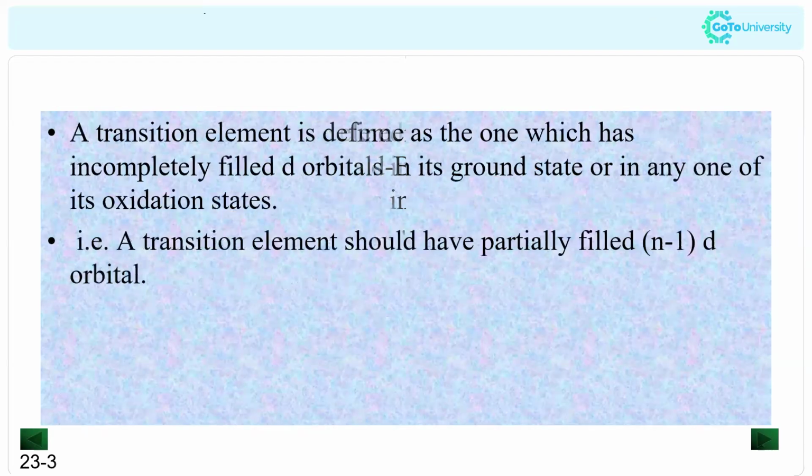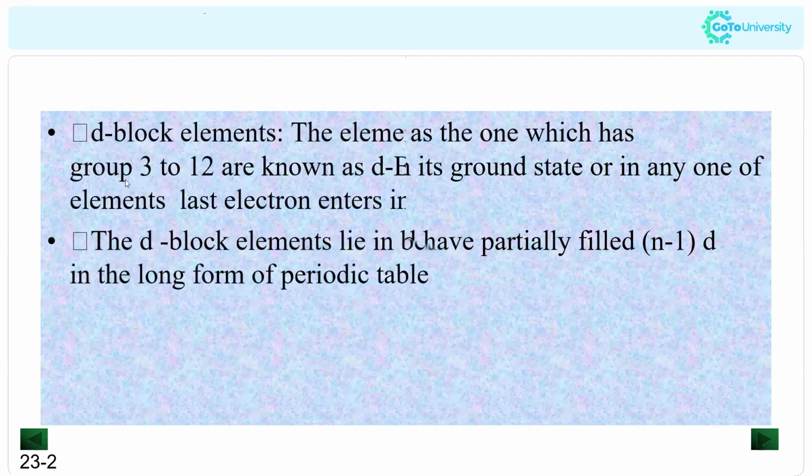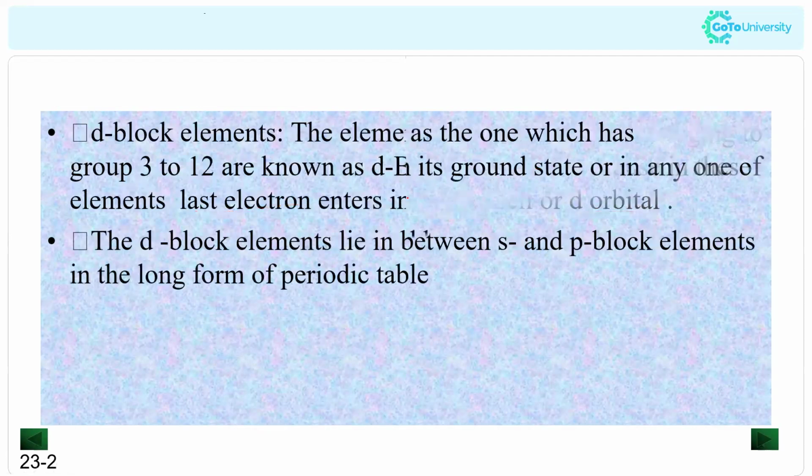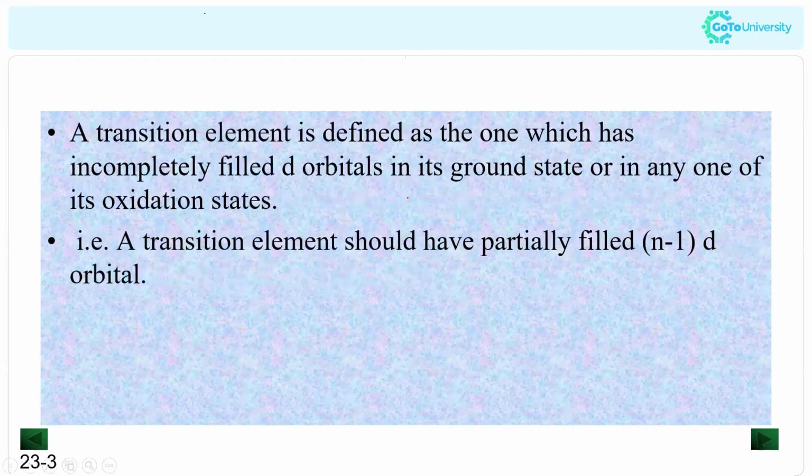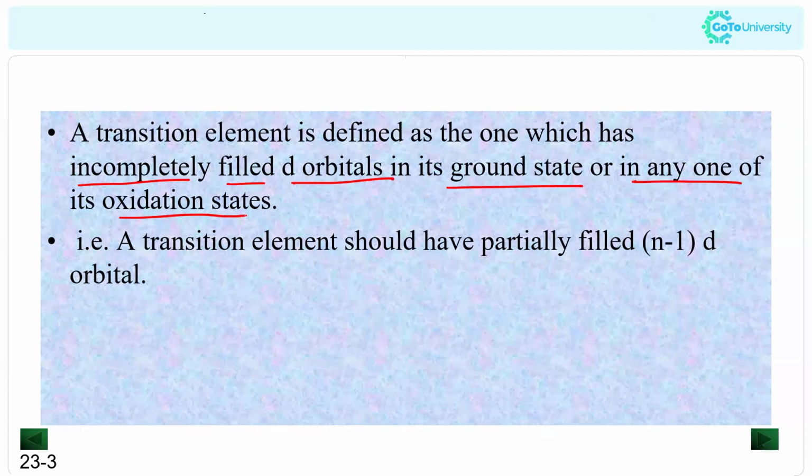Now, let's see another name for the D block elements, that is transition elements. Why are we calling them transition elements? Their properties are doing a transition from one side to another, right? We can define the transition element as having incompletely filled d orbitals in its ground state or in any one of its oxidation states.